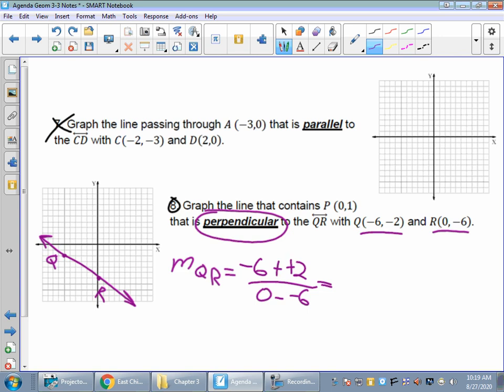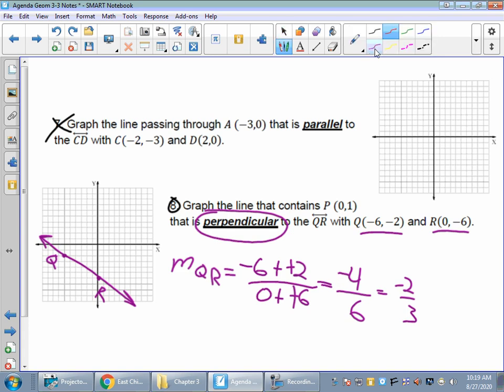Gotcha here, and it's going to become a negative 4. And then gotcha here, it's going to become a positive 6. So negative 4 over 6, it's going to be negative 2/3.